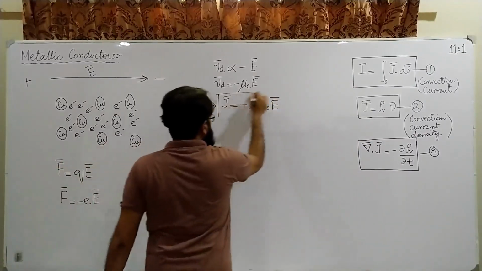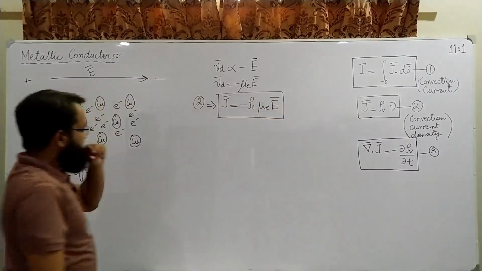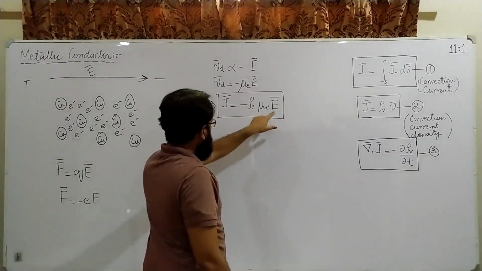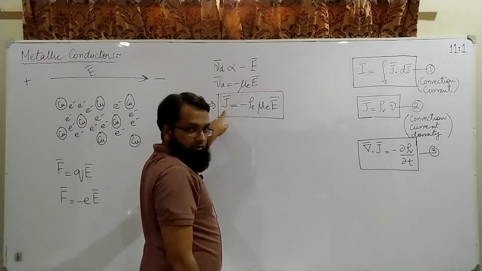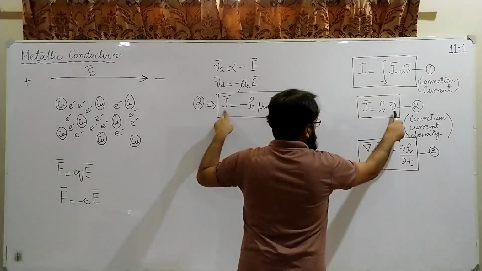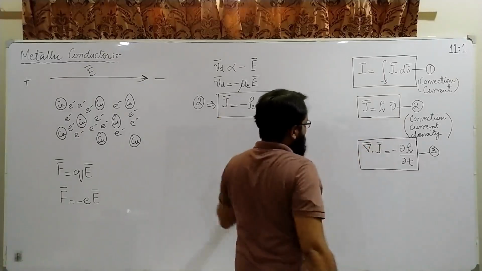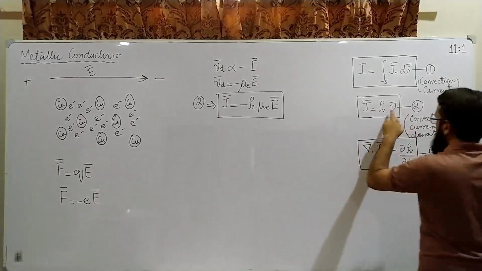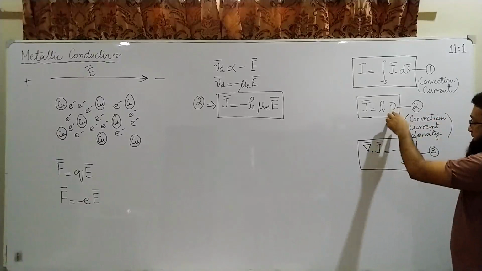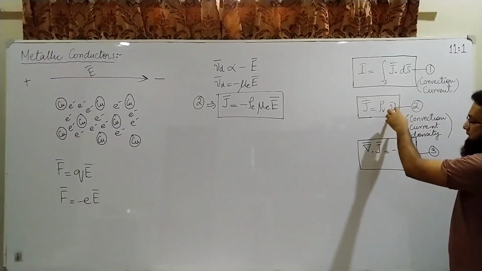So we've got an expression which is now relating electric field intensity and current density. Earlier we related velocity of the charge density with current density.